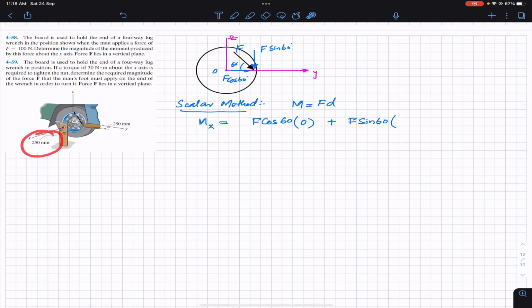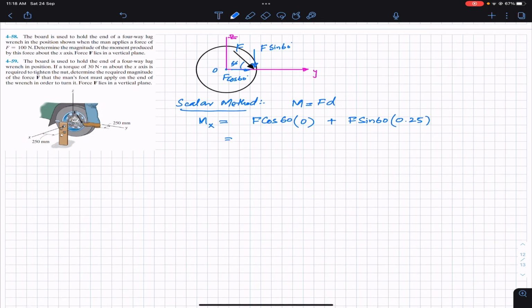This distance is 250, so 250 divided by 1000 will give us 0.25. So this first term becomes 0, and 0 plus that is 0.25 F sine of 60. So this is the magnitude of the moment about the x-axis.